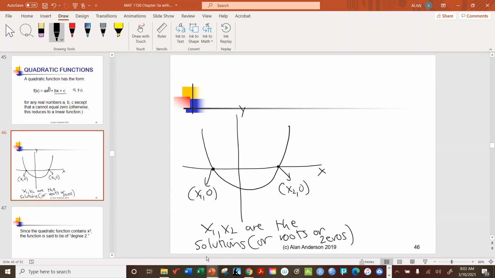But what we do know is that these are real numbers. Since these 2 x's are on the real number line, the 2 solutions are in fact real numbers. But if the parabola never quite reaches the horizontal axis, as in a case like this, then it still has 2 solutions, but they're going to be imaginary.